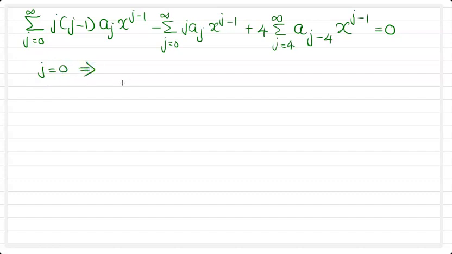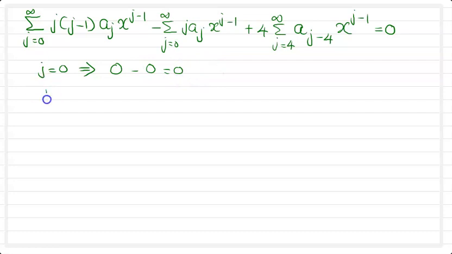If we equate the coefficient of x raised to j minus 1, when j is equal to 0, we have 0 into 0 minus 1 into a naught, which is 0 itself, minus 0 into a naught, which is also 0, equal to 0.